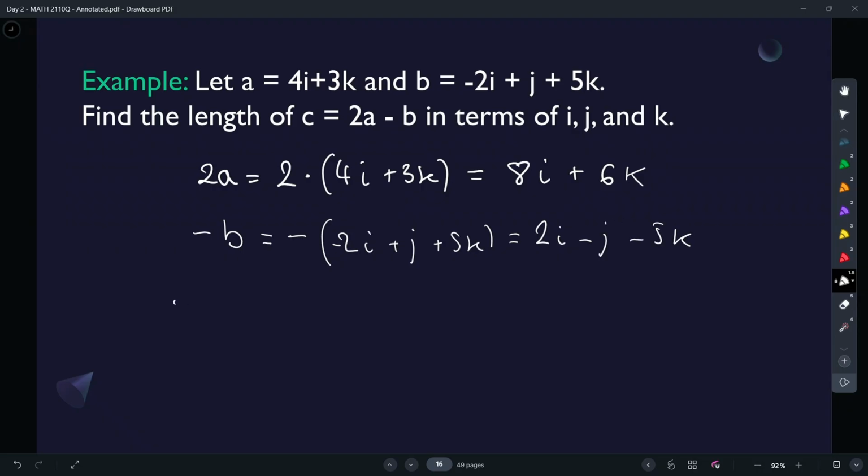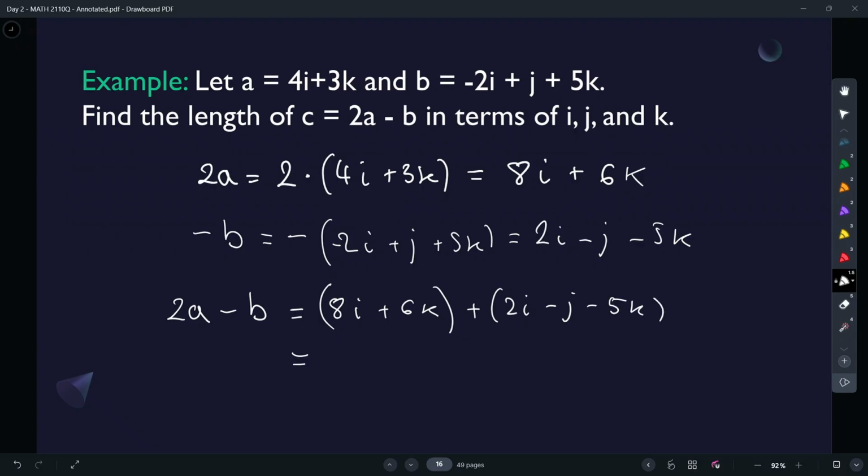And then I can add them up. 2a minus b will be 8i plus 6k and 2i minus j minus 5k. And how do you add? You just add apples with apples and oranges with oranges. So i's with i's. 8i and 2i gives me 10i.